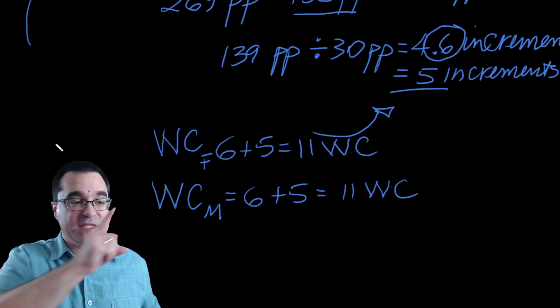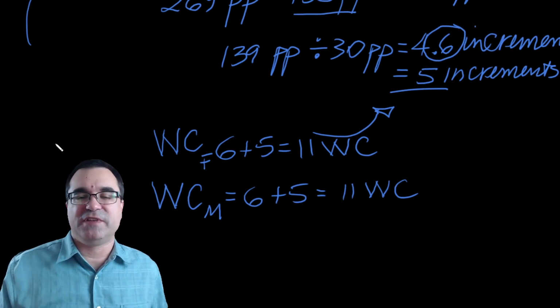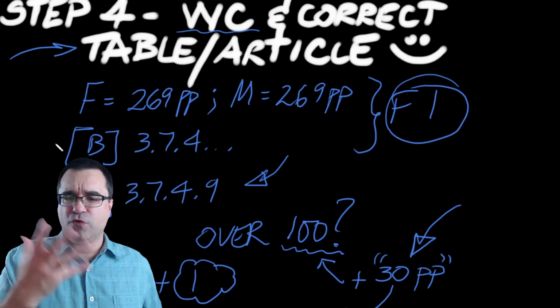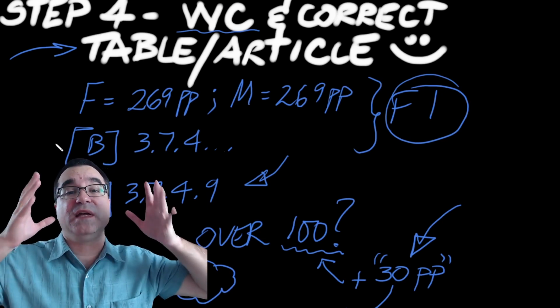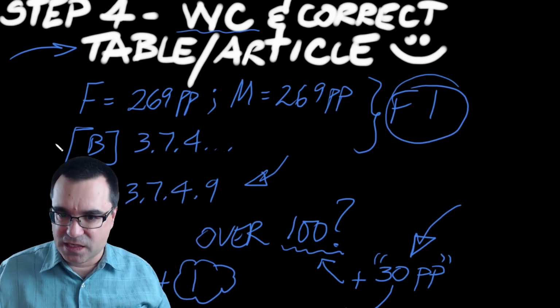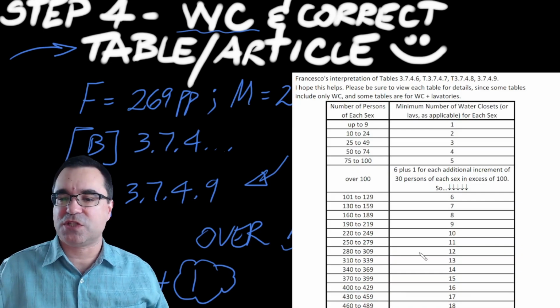And their increment, instead of being 30, might be a different increment. So what I've done is, for some of these tables that have this kind of over 100 with increments of 30, I've created a table for you in our Brightspace space for our building code course that you can use. Okay, and it looks something like this.